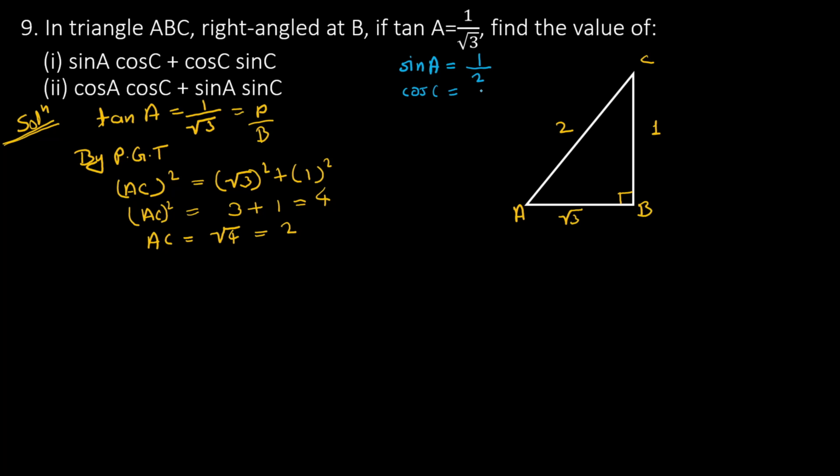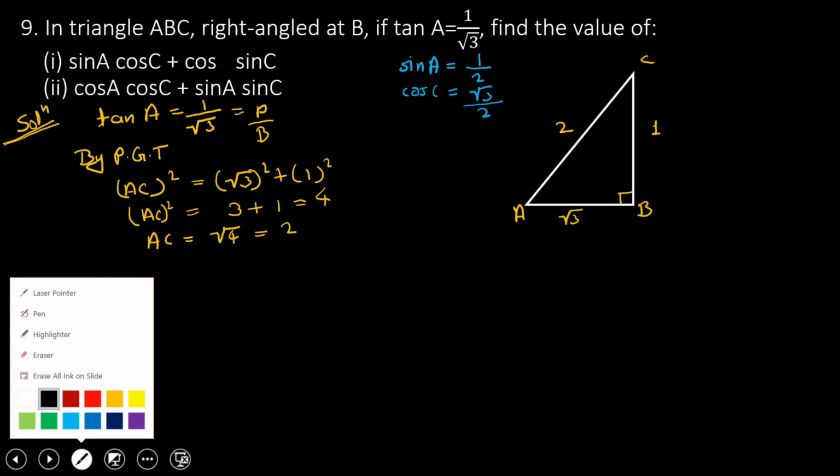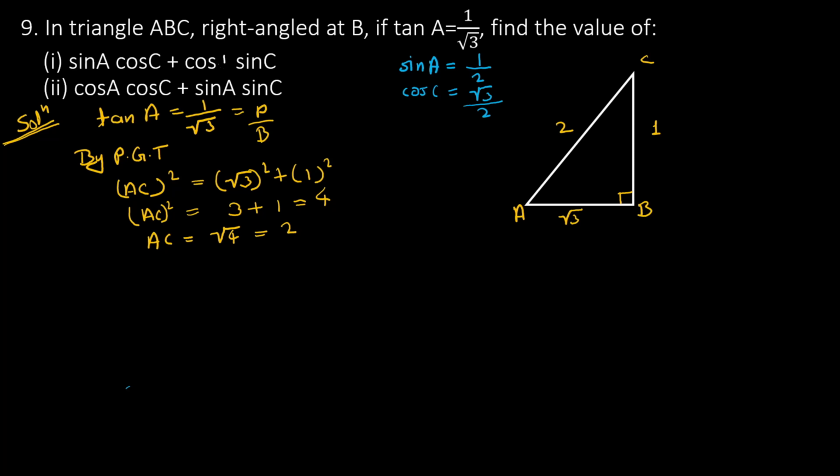Then cos, which is base upon hypotenuse, base is root 3 upon 2. And this one is not cos C, this one is cos A. By mistake it is written wrong.